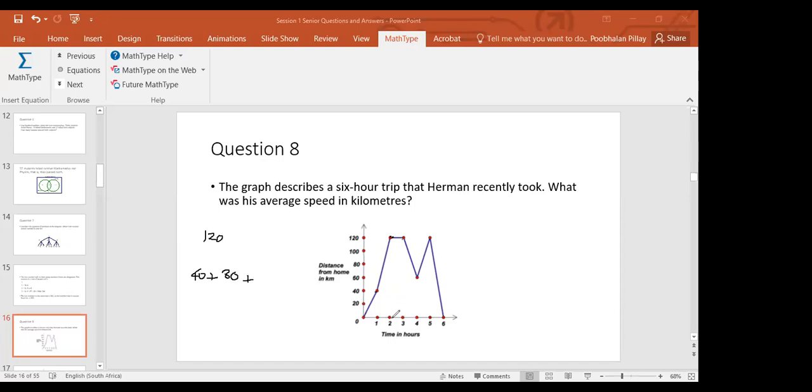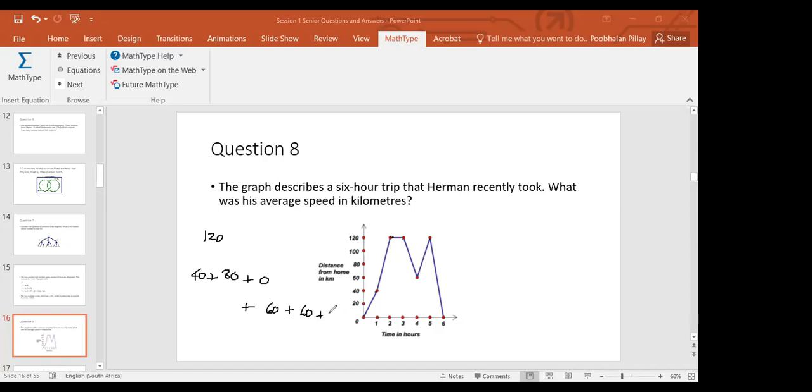In the third hour, he traveled nothing because he didn't move at all. But in the fourth hour, he traveled from 120 to 80, to 60. In the fifth hour, he travels another 60, from 60 to 120.